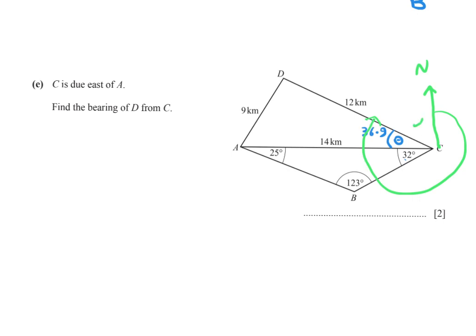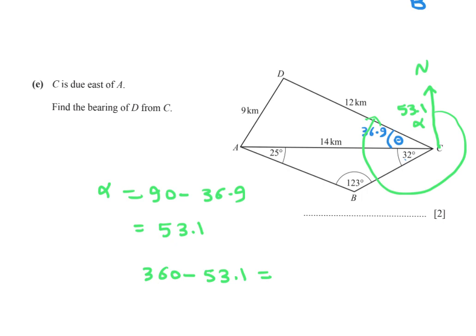If we call this angle alpha, alpha is 90 minus 36.9, which is 53.1. So the bearing of D from C is 360 minus 53.1, which equals 306.9.